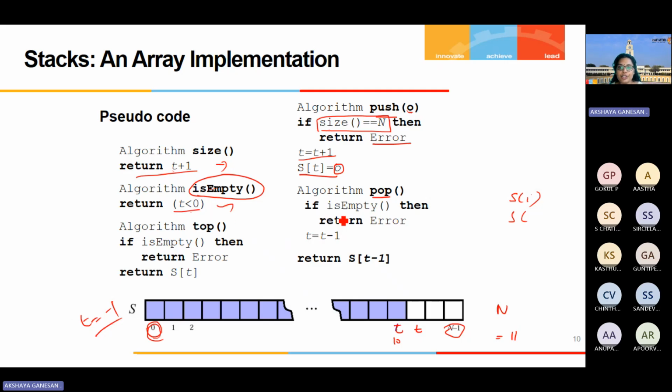If isEmpty is true, it is an error: no element in stack. If the stack is not empty, then you can remove the top. Say t is here. You remove the top element, you make t point to the previous element, and you return the topmost element.